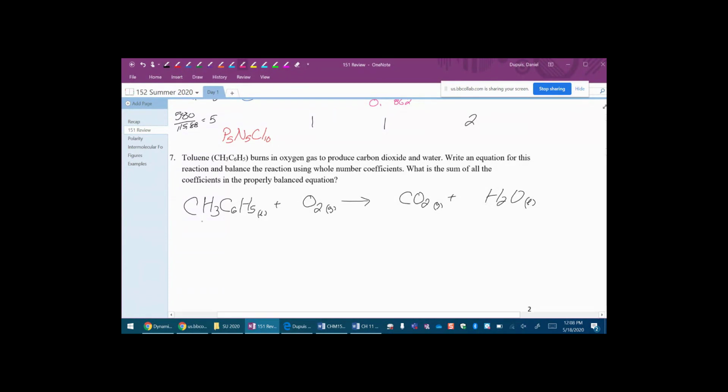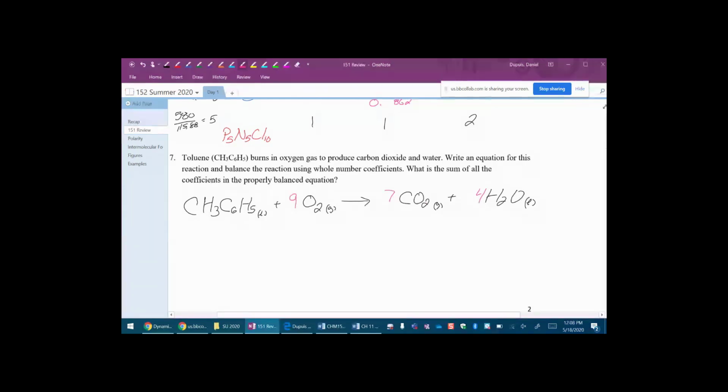All right, so I have 7 carbons, so I need to put a 7 there. I have 8 hydrogens, right? So I need to put a 4. All right, 5 and 3 is 8. 4 and 2 is 8. All right, oxygens. I have 4 and 14, 18.